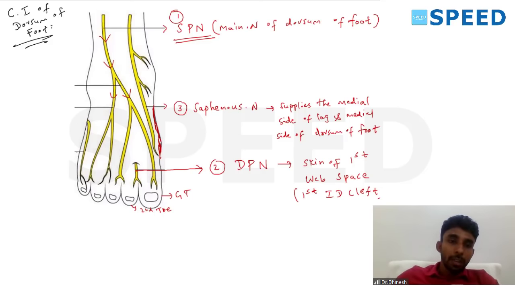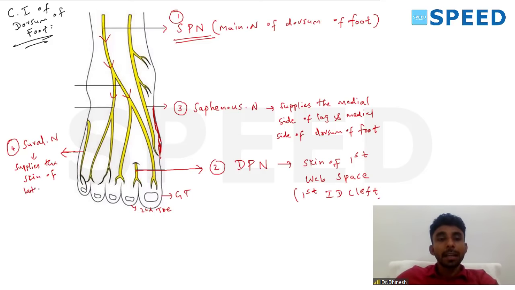And what about the lateral side of the dorsum of the foot? Yes, it is supplied by one nerve called the sural nerve. The sural nerve supplies the skin of the lateral side of the dorsum of foot.